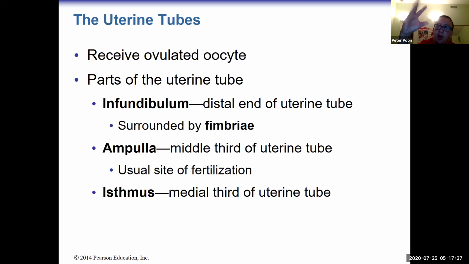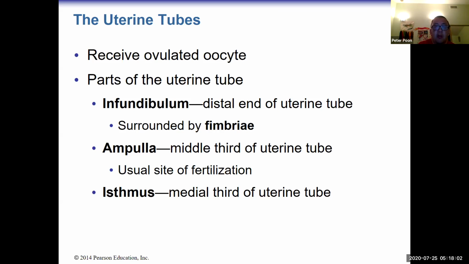They pump and generate a current, so they basically suck the egg into the fallopian tube. Sometimes it doesn't actually happen, and eggs are just cast into the peritoneum and get lost. But most of the time the egg gets sucked in by the fimbriae.